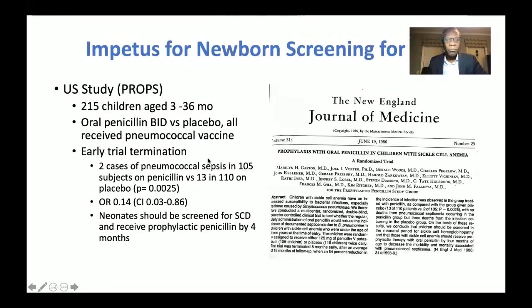And the outcome was to look at pneumococcal sepsis. There was early termination of the trial because whilst 13 cases of pneumococcal sepsis had resulted in the placebo group, only 2 in the group that received penicillin. This gave strong evidence that neonates should be screened for sickle cell disease and receive prophylactic penicillin by 4 months of age.